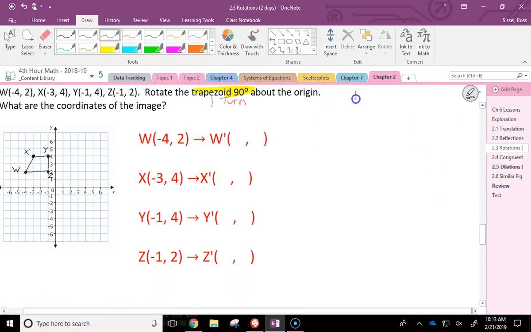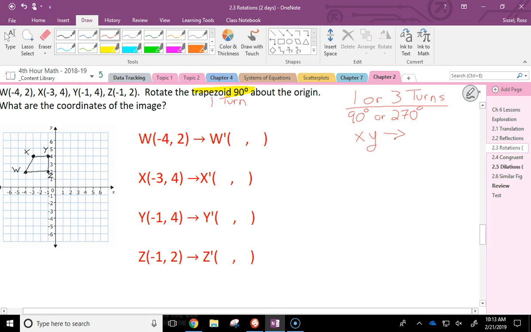If I do 1 or 3 turns, which is 90 or 270 degrees, my x and y are going to do what? Let's not say it yet. Use your transparency paper.